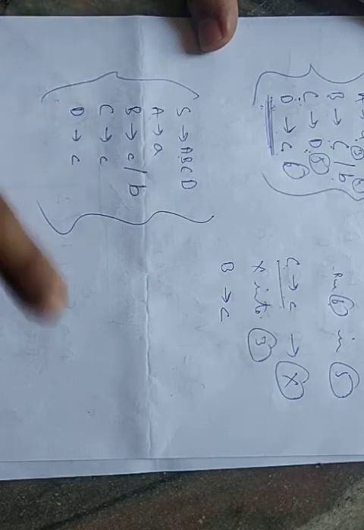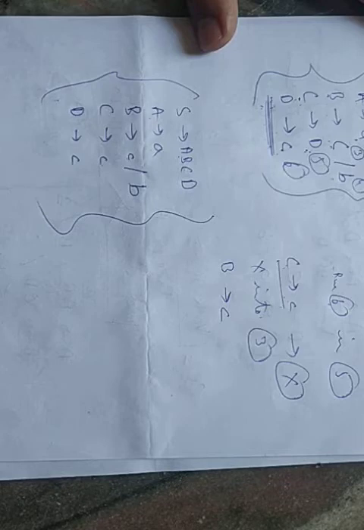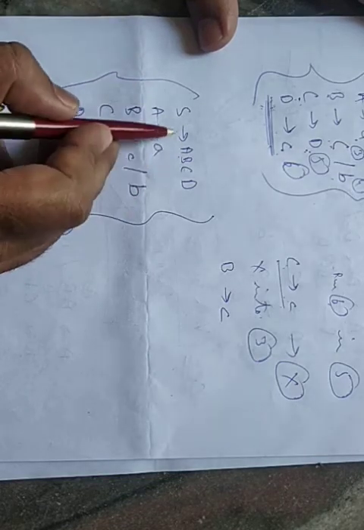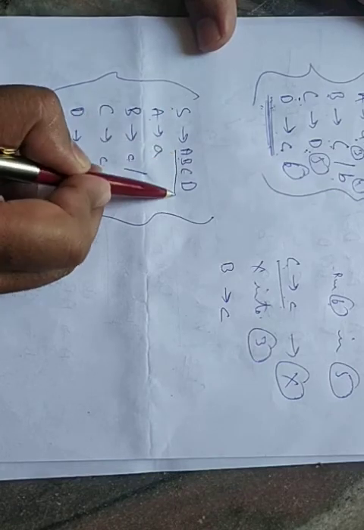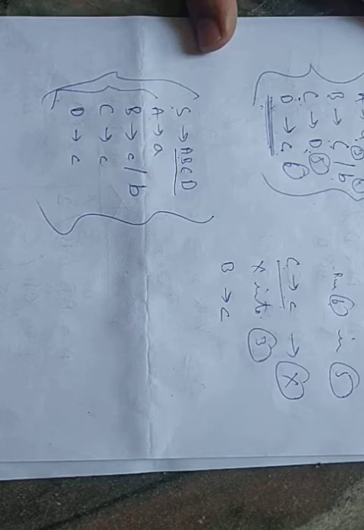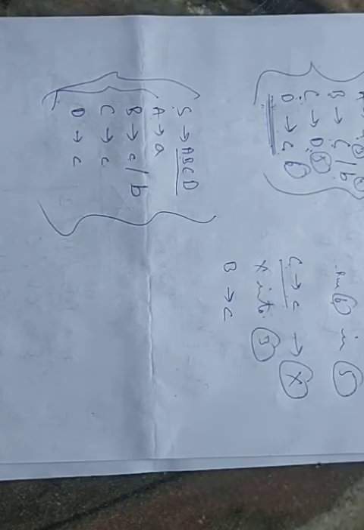Hence, we have removed all the unit productions. Now please make sure that once you have removed all the unit productions, you carefully check whether any unreachable variable has been introduced. Currently, because S is producing A, B, C, D and all are required, there is no unreachable production.